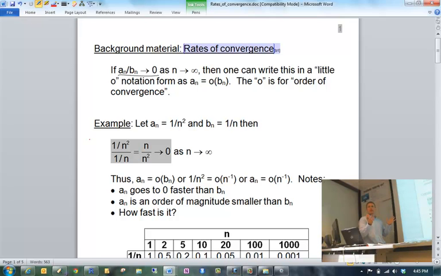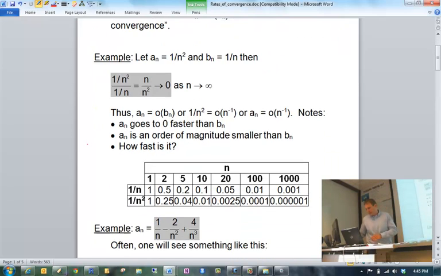That's all it is. O is for order of convergence.